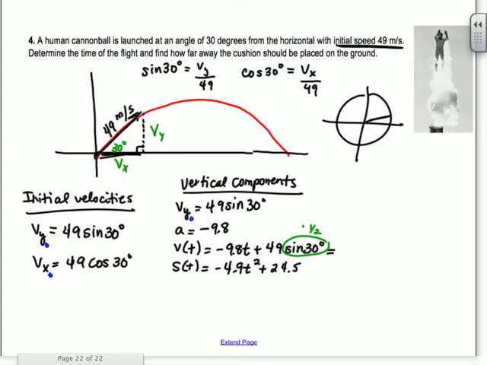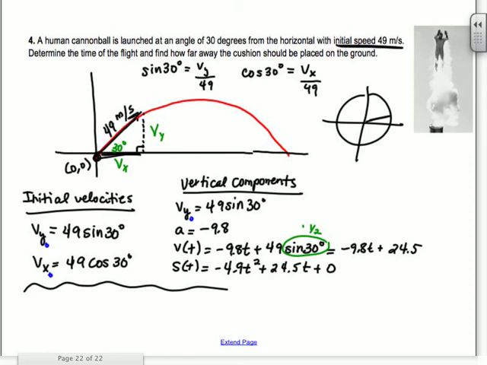So I have negative 9.8 t plus 24.5 for my velocity. When I integrate, I get negative 4.9 t squared plus 24.5 t plus, what's d? 0, because I started at 0, 0. Okay.